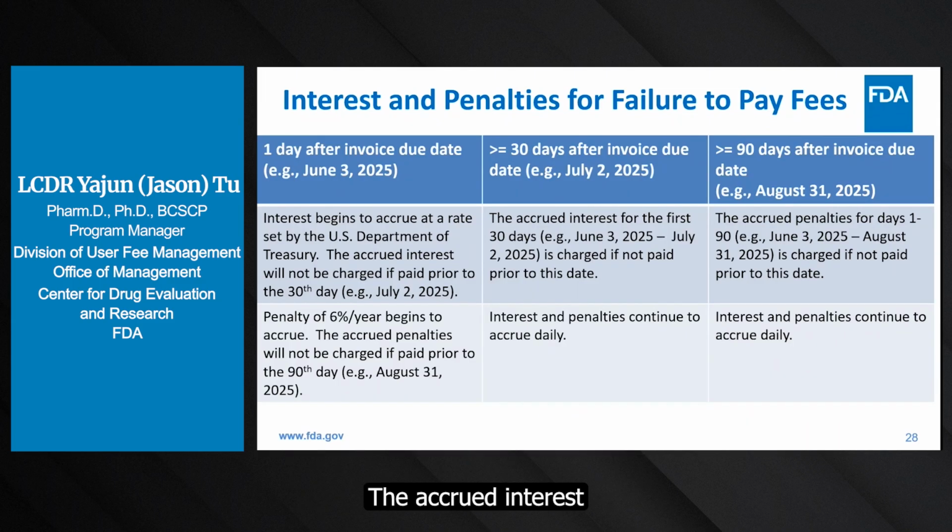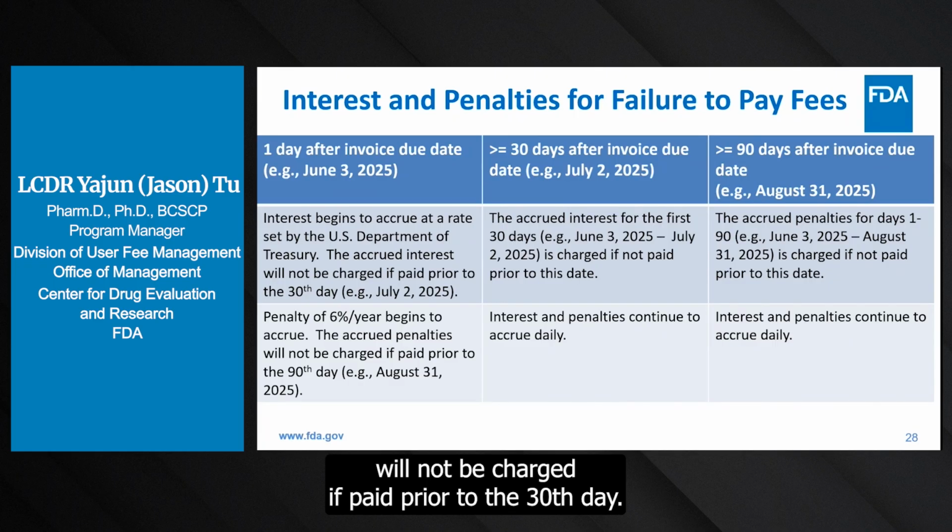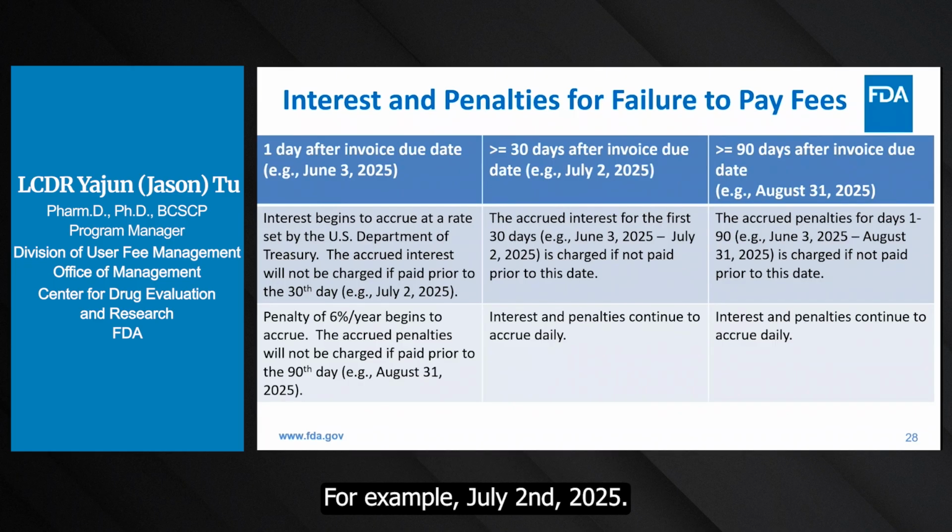The accrued interest will not be charged if paid prior to the 30th day, for example, July 2nd, 2025. Additionally, a penalty of 6% per year begins to accrue daily. The accrued penalties will not be charged if paid prior to the 90th day, for example, August 31st, 2025.